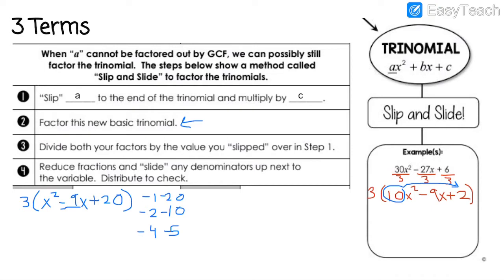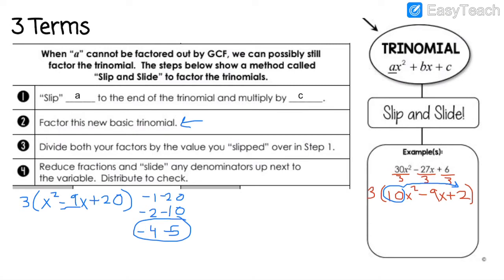Because a negative times a negative gives me a positive. But to get that negative 9, we have to add two negatives together. So what will give me a negative 9 out of these 3 factors? The negative 1 and negative 20, the negative 2 and negative 10, or the negative 4 and negative 5. So good, the negative 4 and negative 5 will give me what I'm looking for.